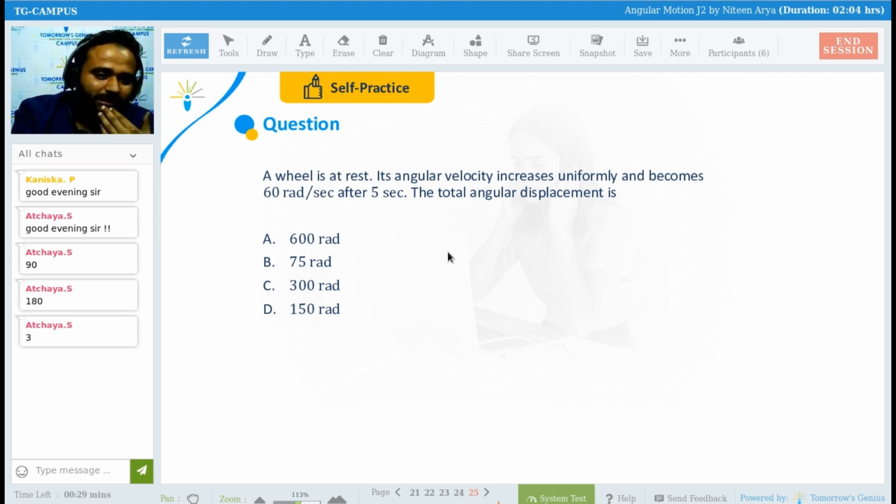Find alpha and then find the total angular displacement. Using v equals u plus at in the same manner, omega 2 equals omega 1 plus alpha t. You can find alpha first and then similarly you can find theta. And give me the answer.